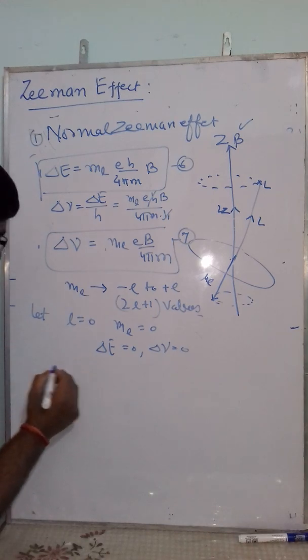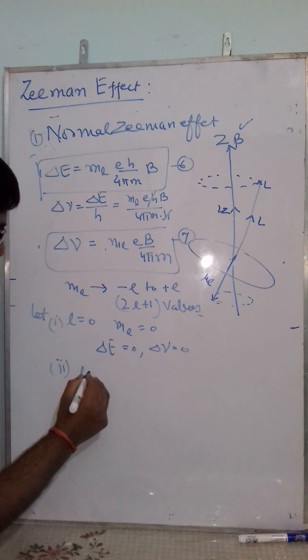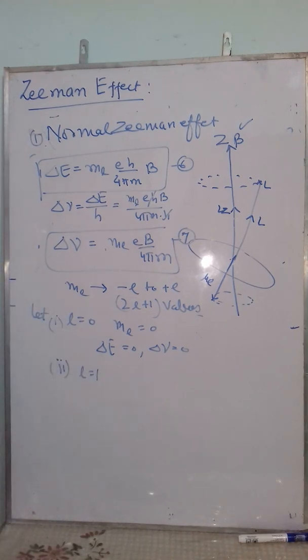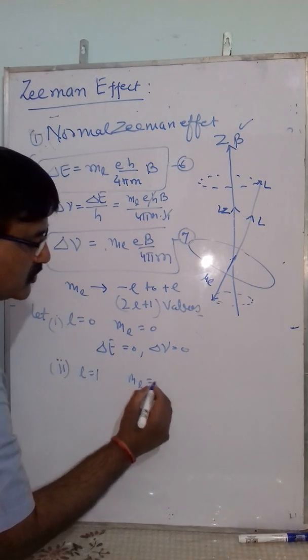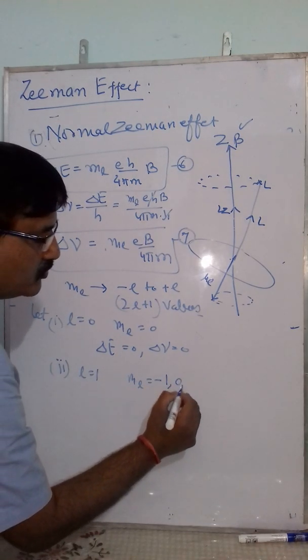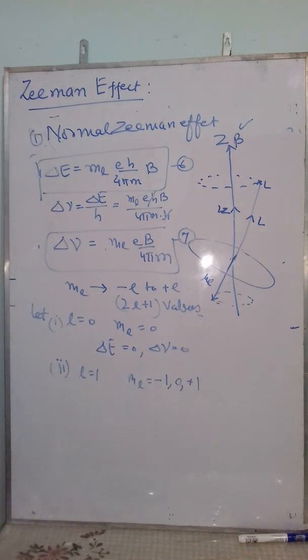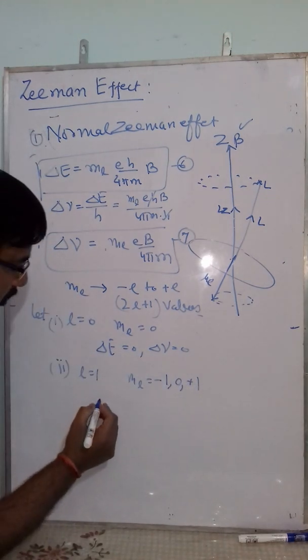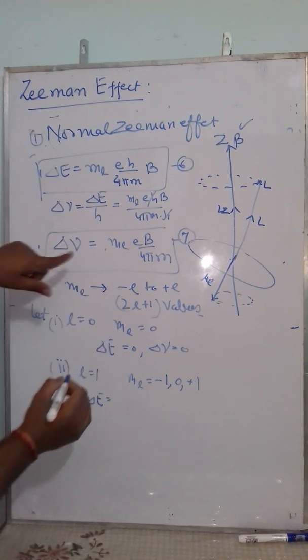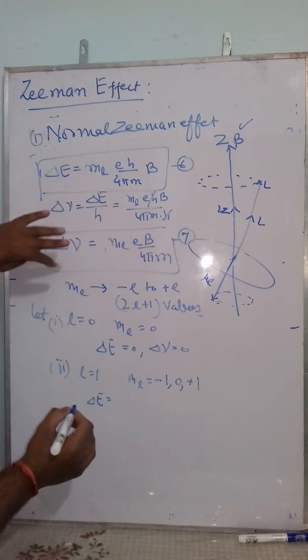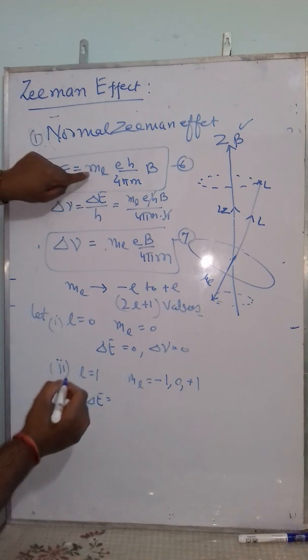Another case, the second case, let L equal 1. If L is equal to 1, now m_l will take values minus 1, 0, plus 1. So delta E or delta nu will be equal to how much? That comes out in terms of m_l being plus 1.